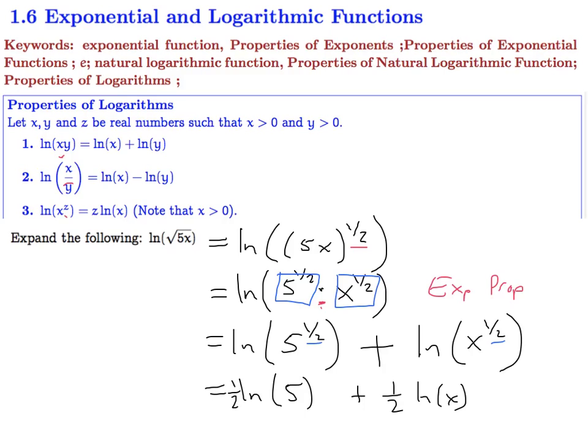And there we've expanded it. So this step was by property 1, the multiplication, and the last step was using the exponent. And this is what it means to expand: basically, make the insides as simple as possible. So this is simple inside the parentheses.